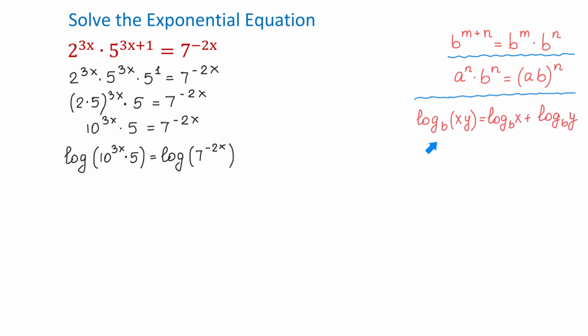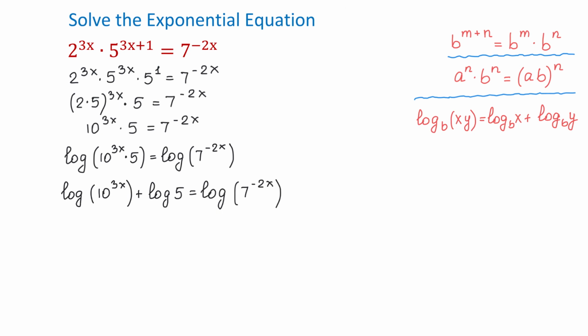That is, log base b of the product x times y equals the sum of log base b of x and log base b of y. Then according to this rule, on the left side we will have log of 10^(3x) plus log of 5, and then on the right side log of 7^(-2x).